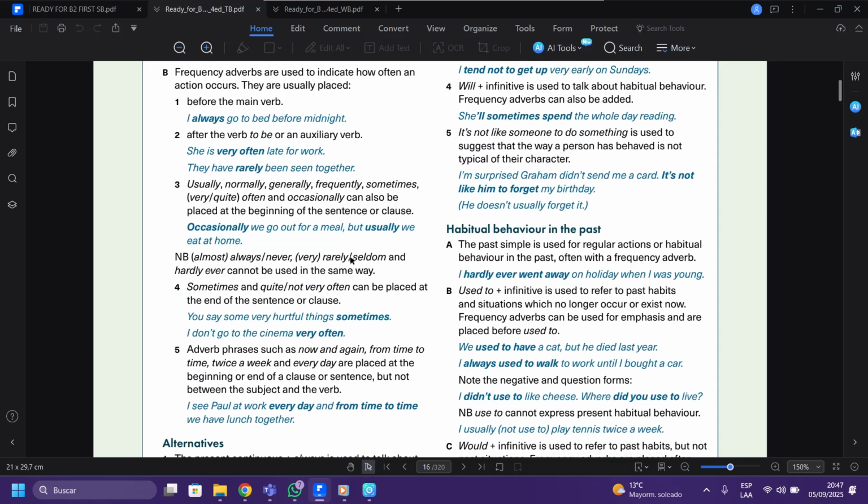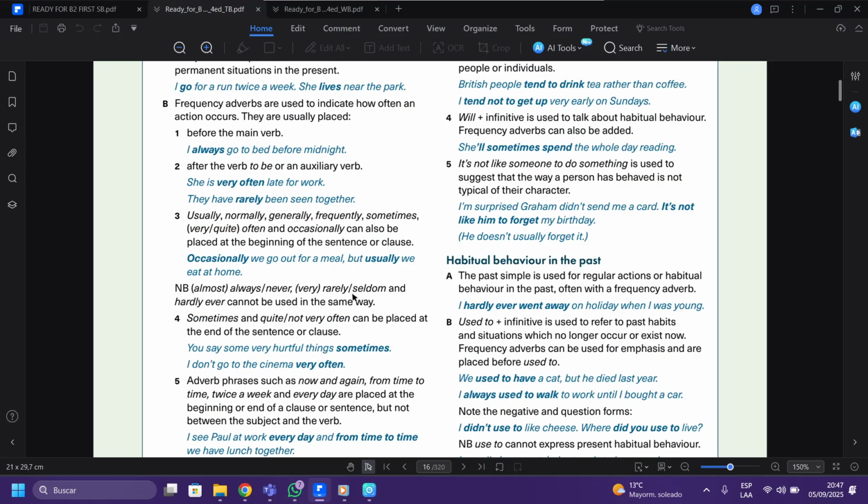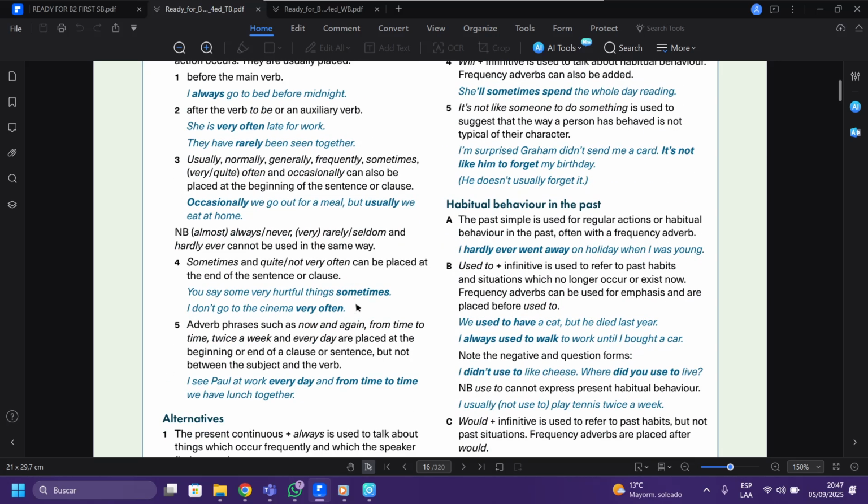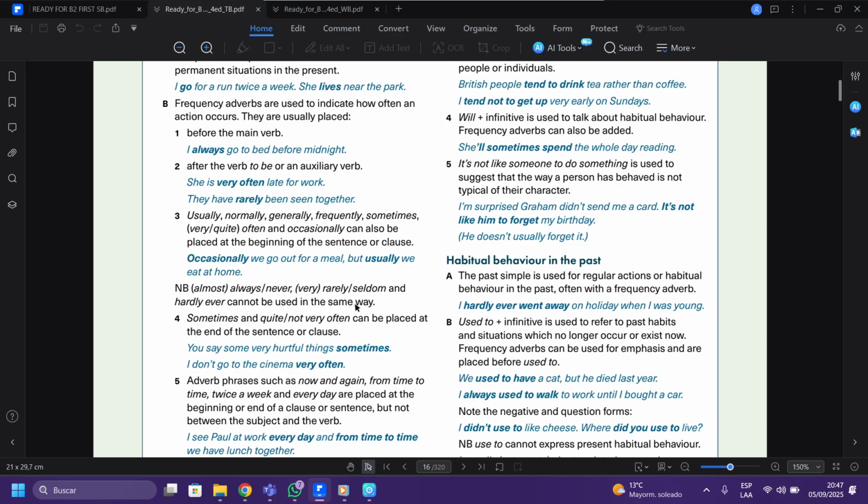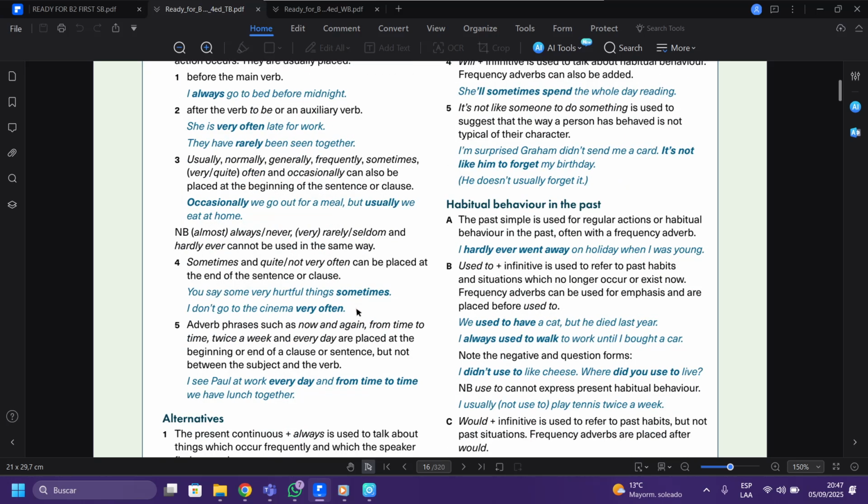So far, is there any question that you have? Okay, and the exercise 4. What is not so clear in this part? The use of sometimes and quite. Another one? This part?